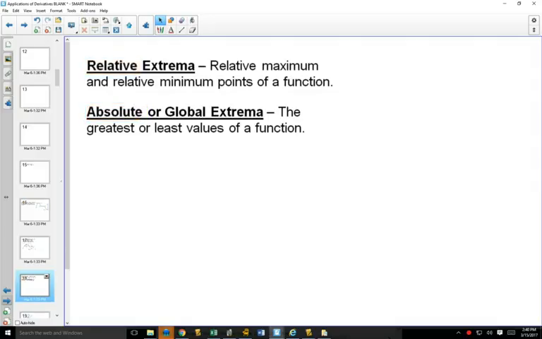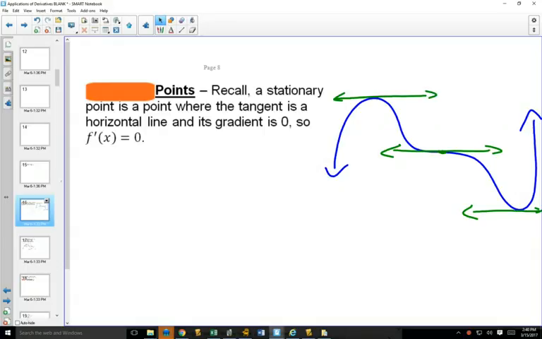You have what we call relative maximums or relative minimums and absolute or global extrema. What that's saying is sometimes in a graph, like this first one that I drew, this one is a relative or local maximum.